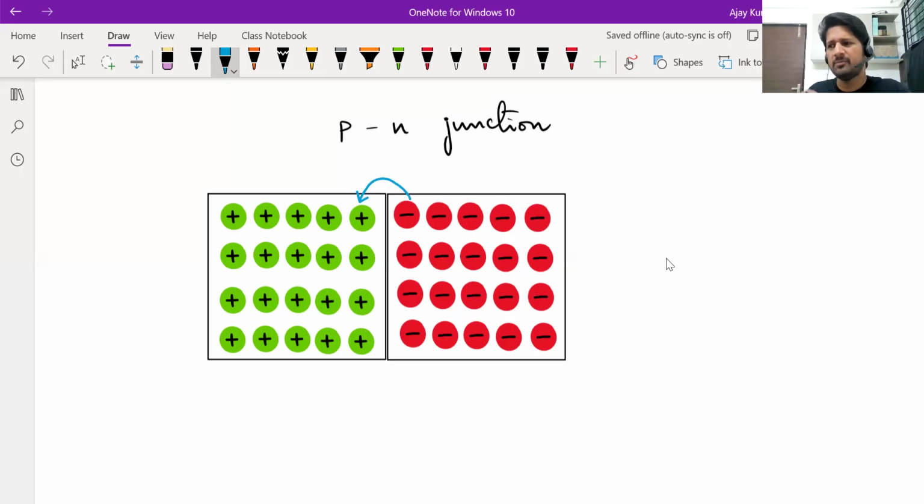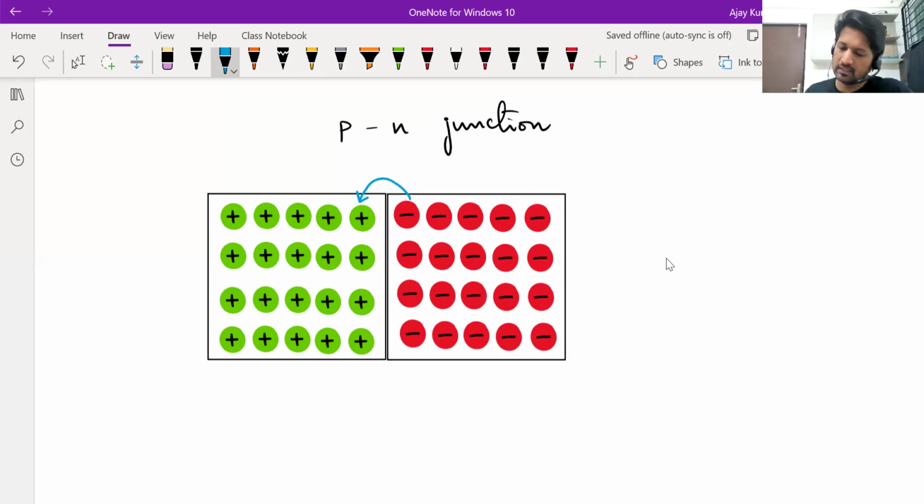What basically happens is due to concentration difference. Okay, the conduction electrons definitely want to move around. They have the tendency itself to move around. So some of them will move to the p side as well. Okay, it's all on the same silicon base.